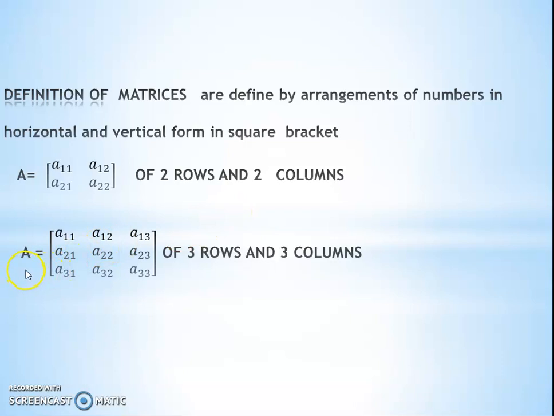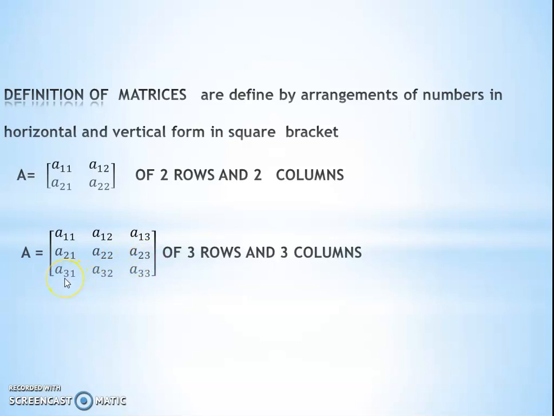Now the second pattern I have given, capital A is equal to a11, a12, a13. That means the first row, first column element, first row, second column element, first row, third column element. a21, obviously, second row, first column. a22, second row, second column element. a23, second row, third column element.